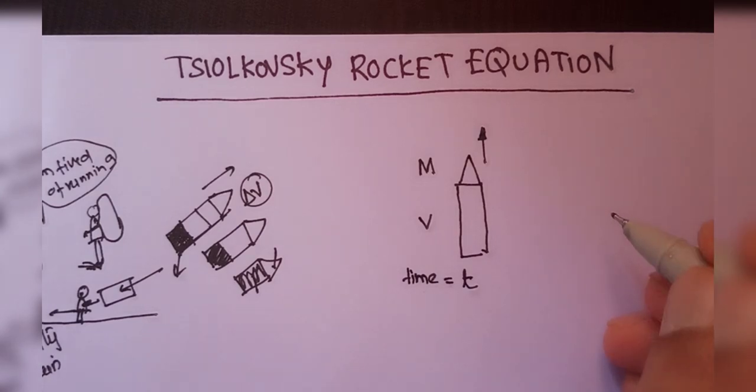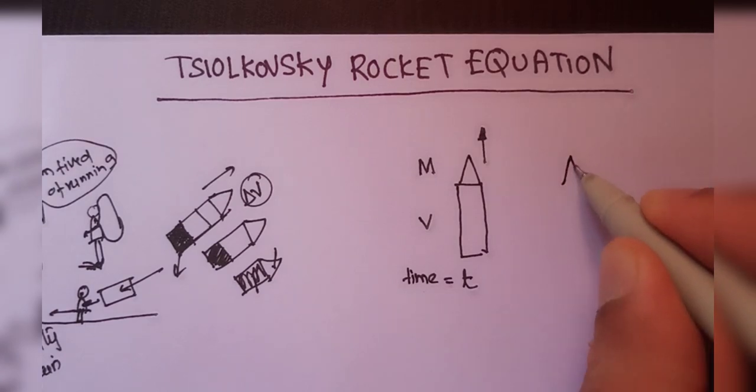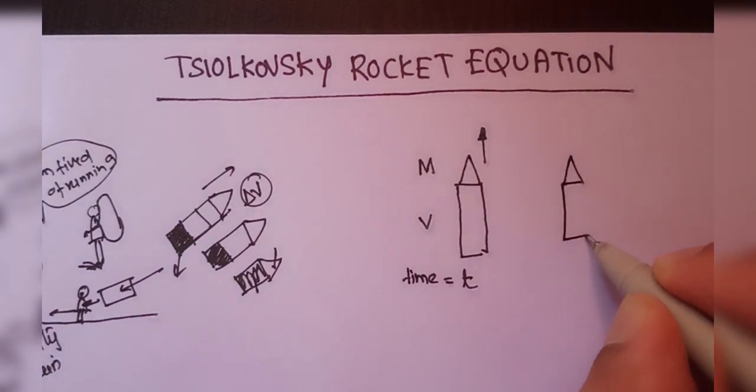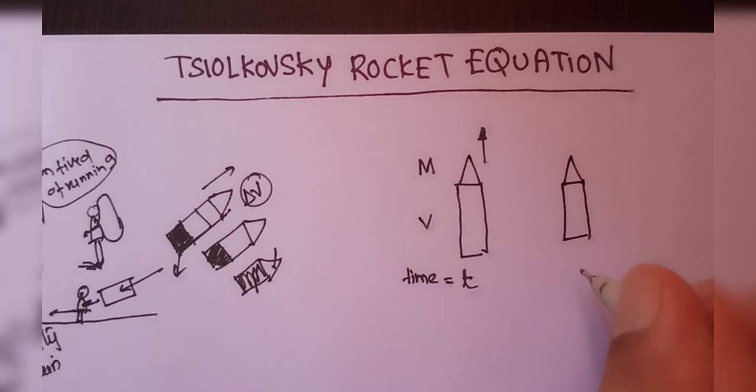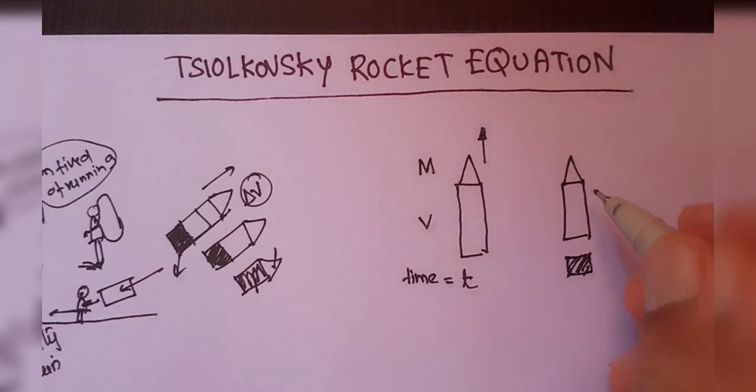Now, for a certain increment of time, a small mass is being ejected out from the rocket. That means the rocket structure doesn't require this mass anymore, so it is ejected. Let's call this delta m, which is a very small mass.